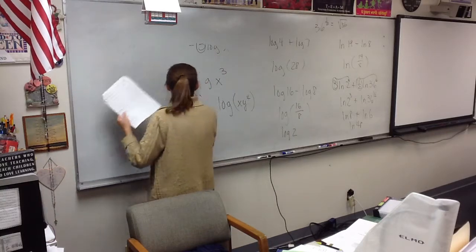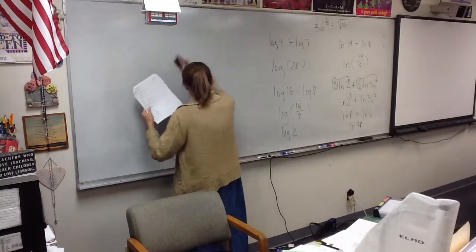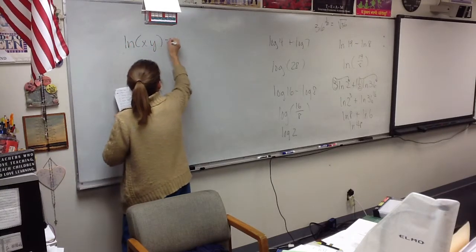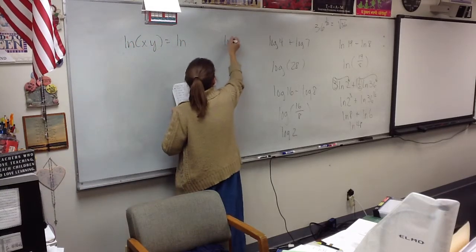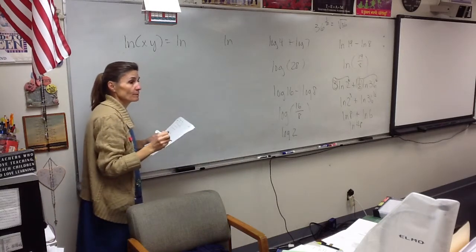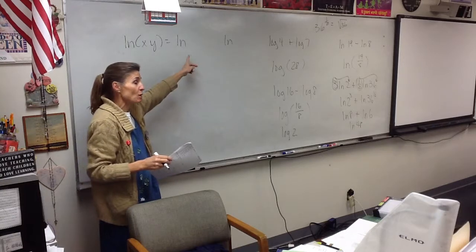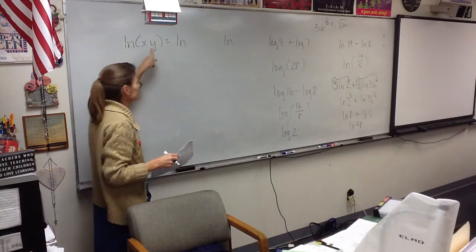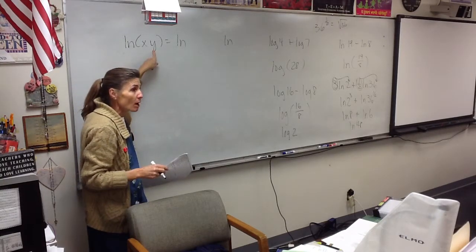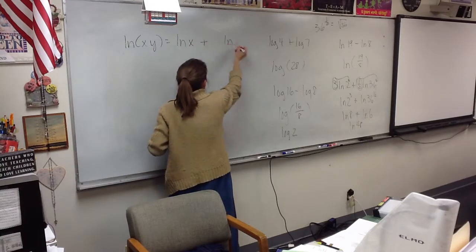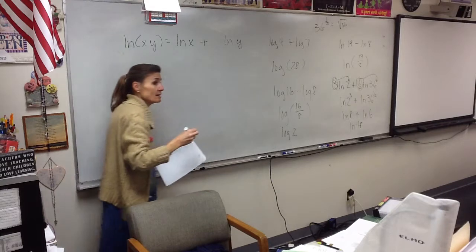If we have ln xy, and I tell you to pull that apart into 2 logarithms, what are you going to do to the 2 logarithms? Add, subtract, multiply, or divide, since this is a times problem. You'll add. So it will be ln x plus ln y.